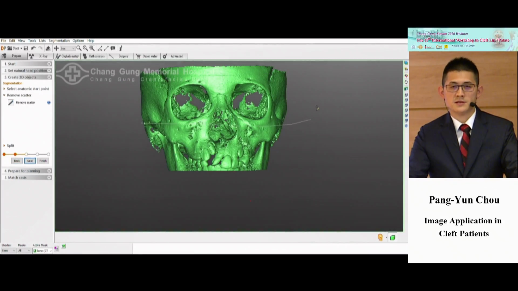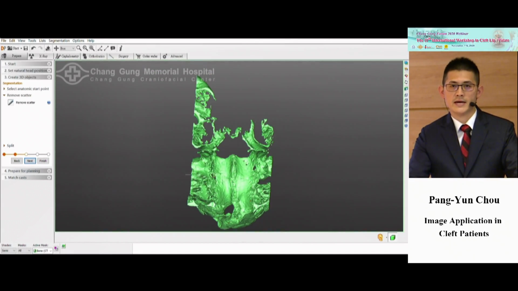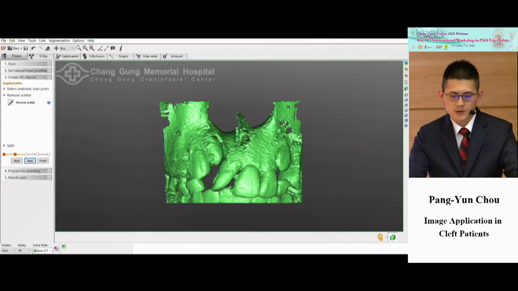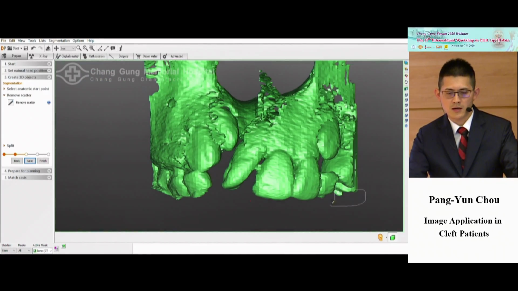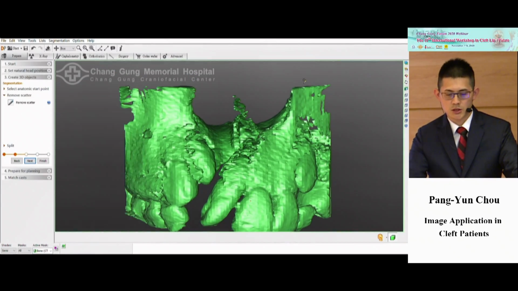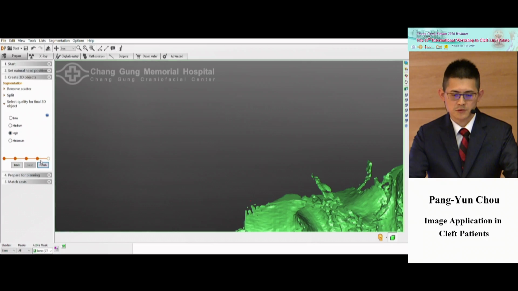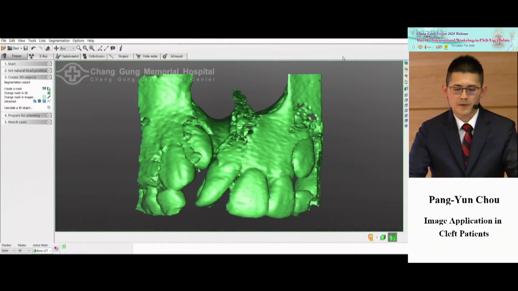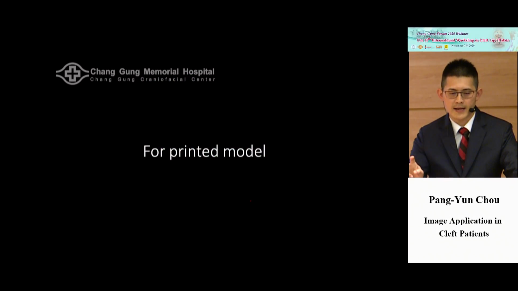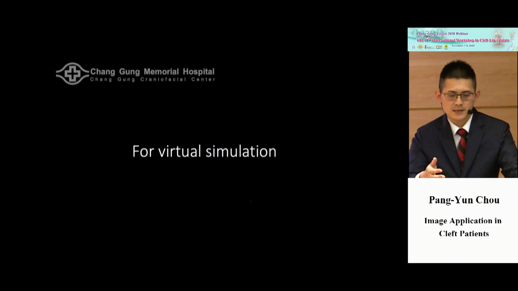The target is to measure the real volume for a unilateral cleft lip and palate. The first step is to segment out all the unrelated tissue and remove the excessive tissue, based on our boundaries of the alveolar bone graft: anterior side, lateral side, posterior side, superior and inferior sides. And this is our model.